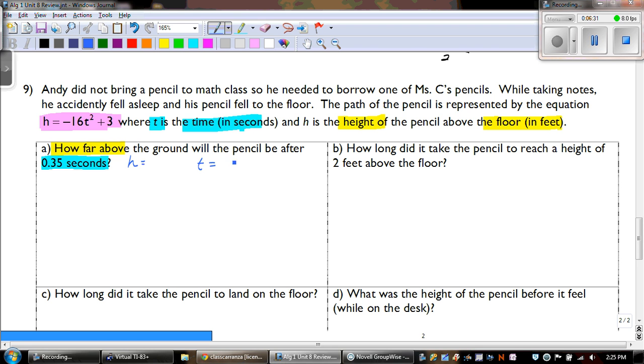Well, to me, right there, they just told us that it was 0.35 seconds, and then we're looking for the height. So h equals negative 16t squared plus 3. And we're plugging in 0.35 seconds. Why don't you guys pause the video and solve that?